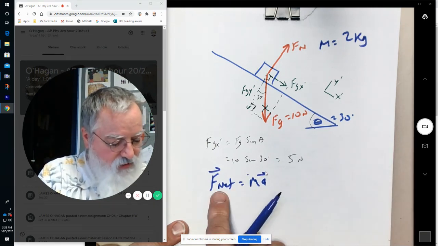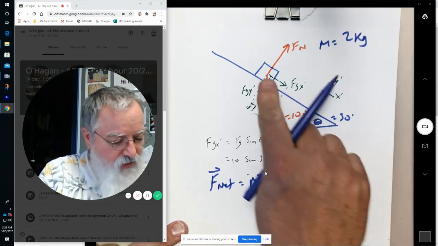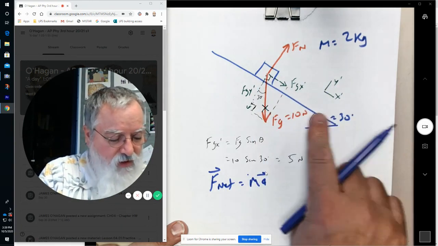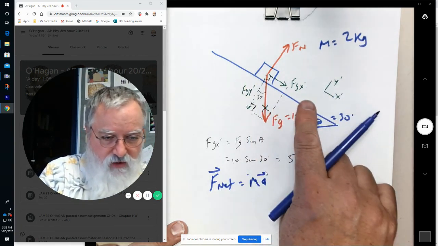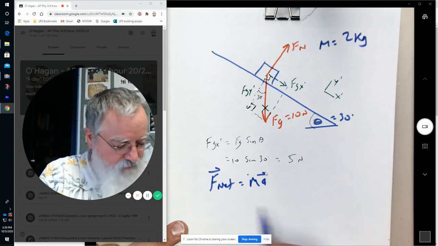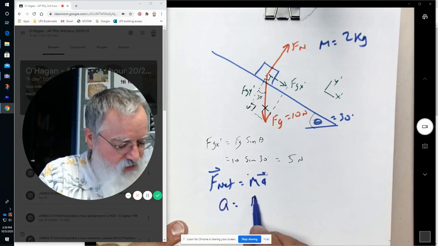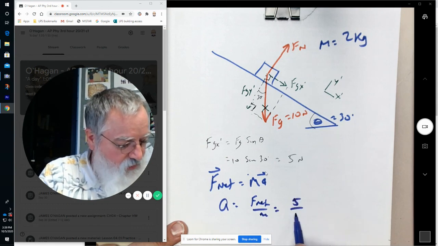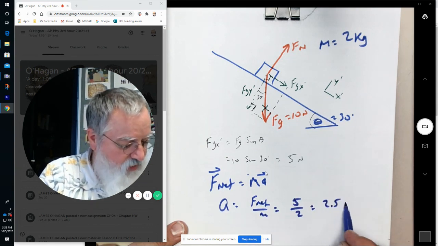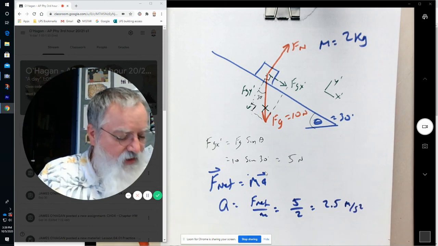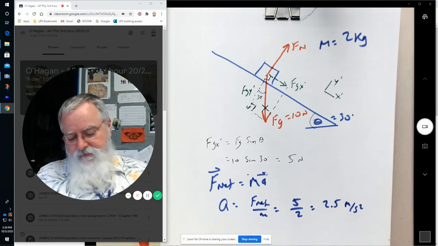Well, the net force points down the ramp. The acceleration is going to be down the ramp. It's going to go down the ramp faster and faster and faster. Acceleration is force net over mass equals 5 over 2, 2.5 meters per second squared. That's the acceleration down the ramp.